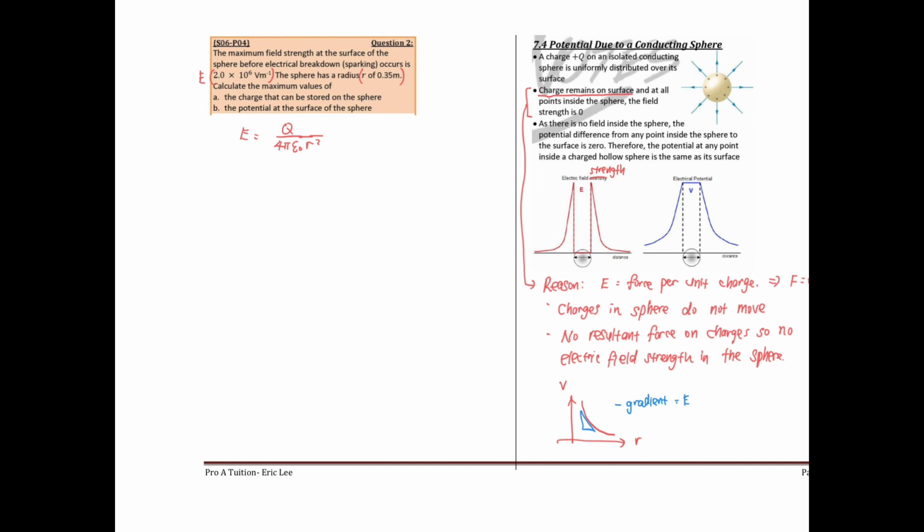Now let's substitute with values. E is 2.0 times 10 to the power of 6. We are looking for Q, with 4 pi epsilon naught.